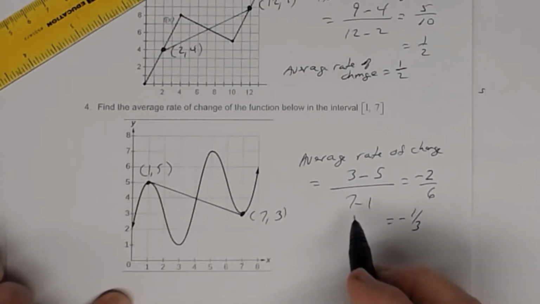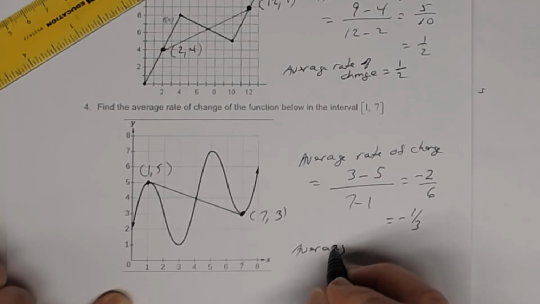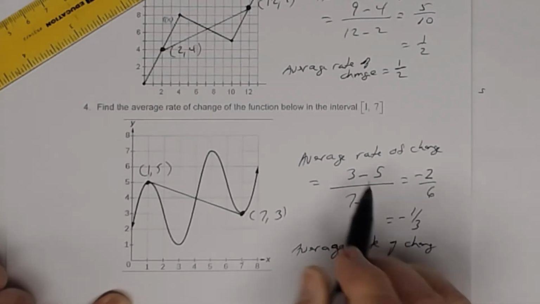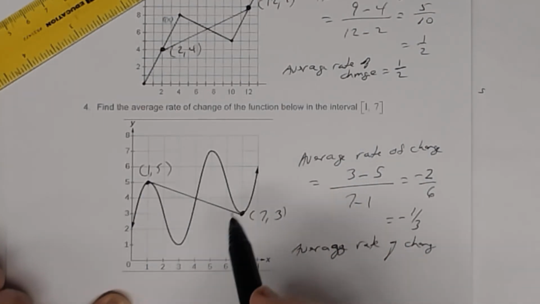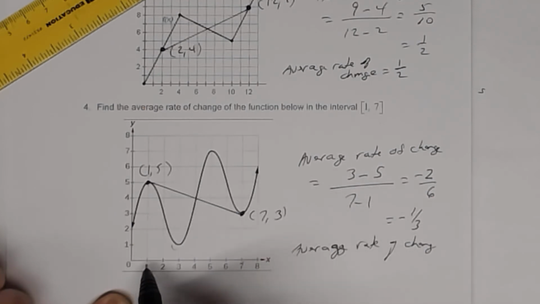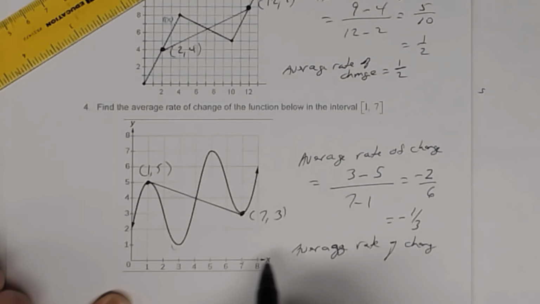And notice it is negative. And so it is decreasing, the average rate of change for this function from x equal 1 to x equals 7. So all these y values per unit. So from 1 to 2, 2 to 3, 3 to 4, 4 to 5, 5 to 6, each of those y values are changing on average by 1/3.